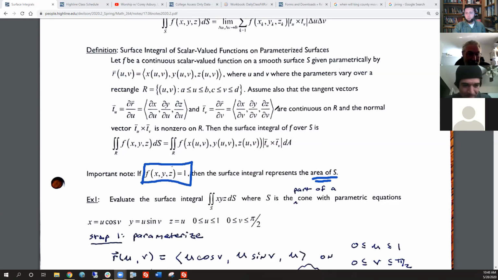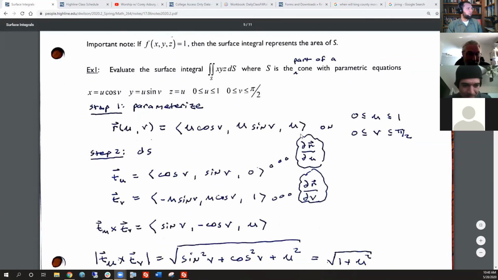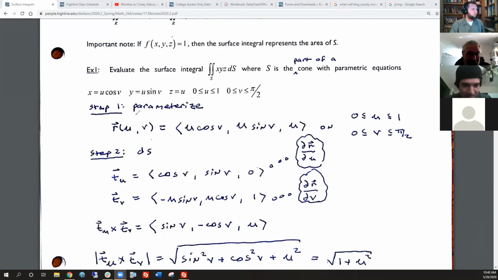So there's not enough time to work through this next example, so let's simply hit some of the high points and then we'll work through the details tomorrow. So here's the high points of this next example. Notice the steps end up being the same. Step 1, parametrize. Step 2, find that differential element.